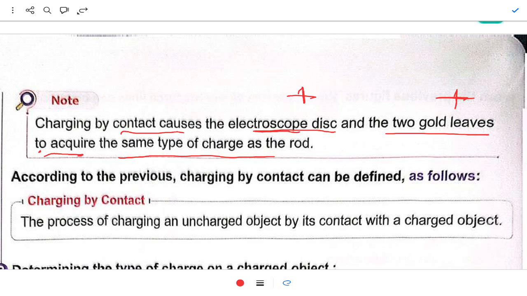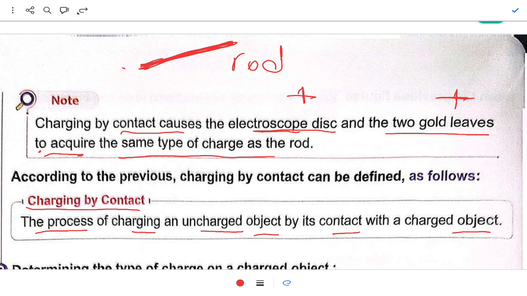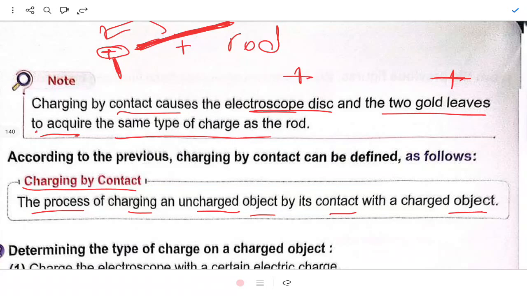Let's turn to the new concept, charging by contact.